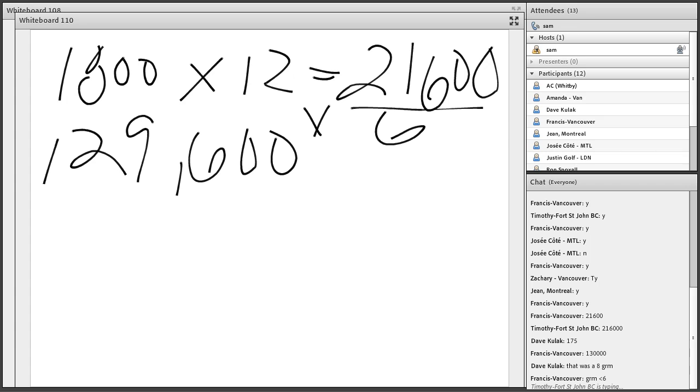So we would go this times 6, and that would give us the 129,600. I want you to start looking at properties based on income, and I want you to be able to imagine what you would estimate the value of a property based on income numbers, because that's all that matters to us is income. So 1,800 would be 129, kind of the area that we'd be looking at for the property.